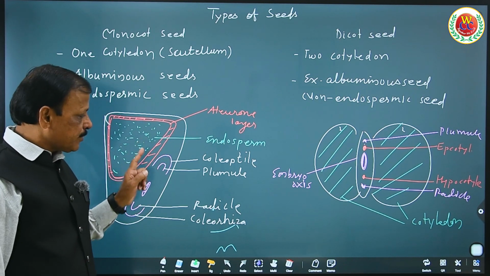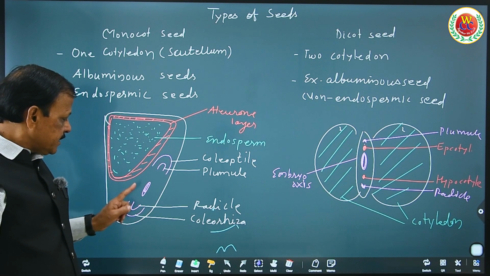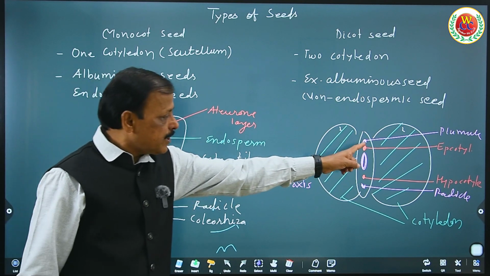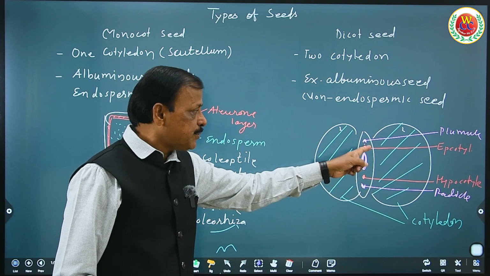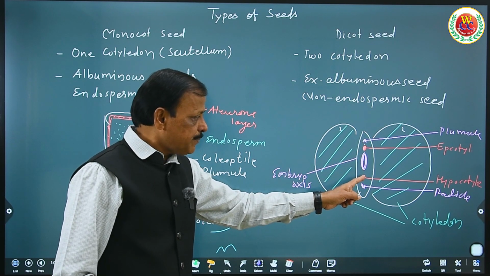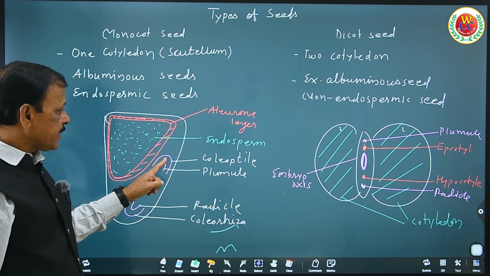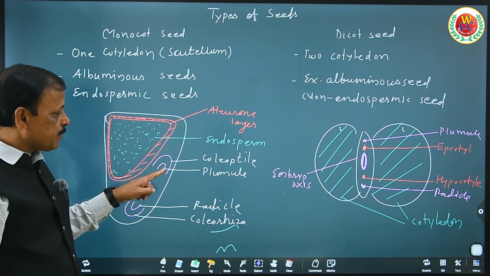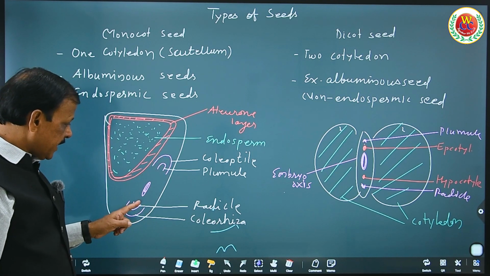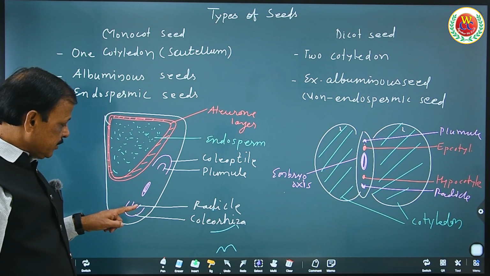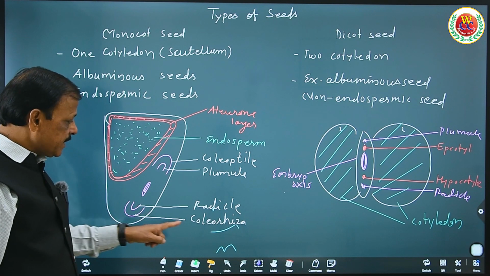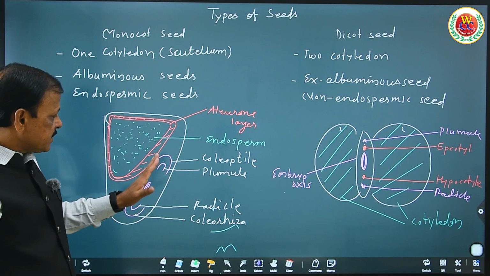That plumule is covered by coleoptile and radicle is covered by coleorhiza. Here plumule and radicle are not covered, they are open. So this is the difference.